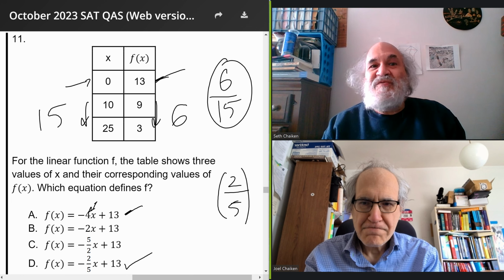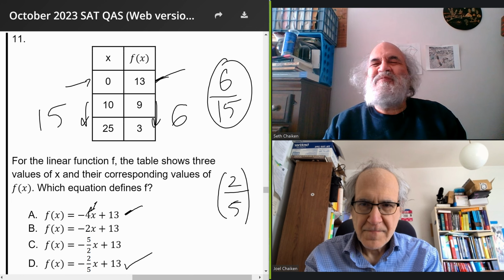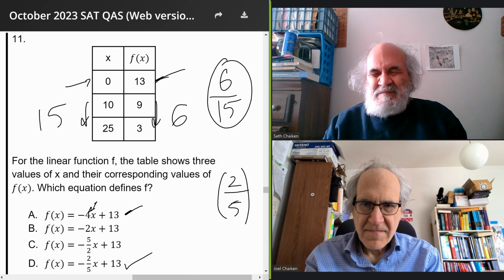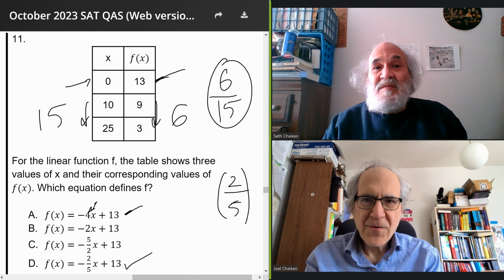So first row, the x goes up from 0 to 10. It goes up by 10. F of x goes down by how much? By 4. So you look at a coefficient such that when x goes up by 10, the linear term goes down by 4.